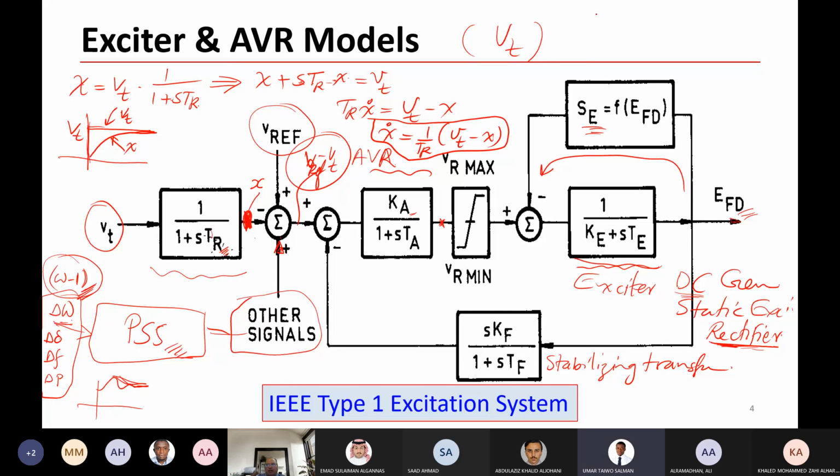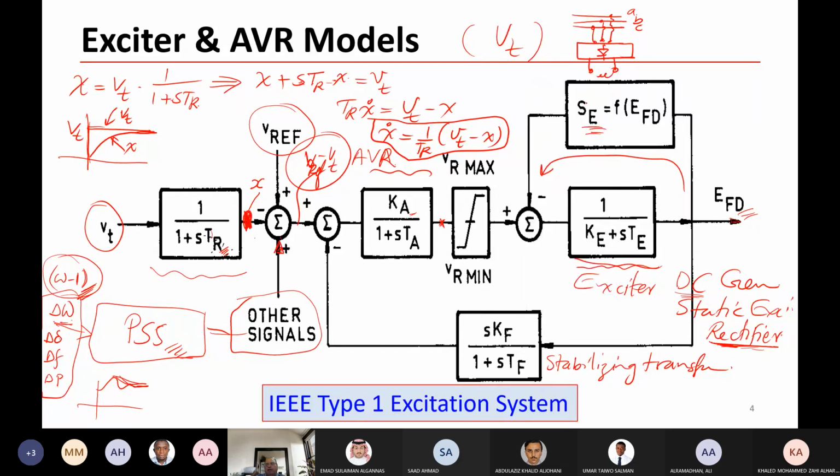You have a three-phase winding output from the machine, ABC, and you can take this here as a static rectifier, and you have this here. This is for the field winding.